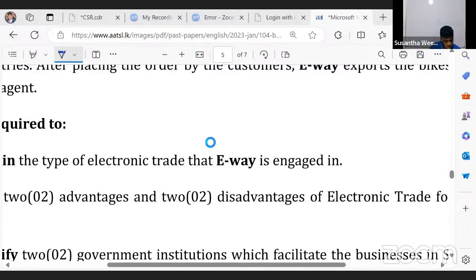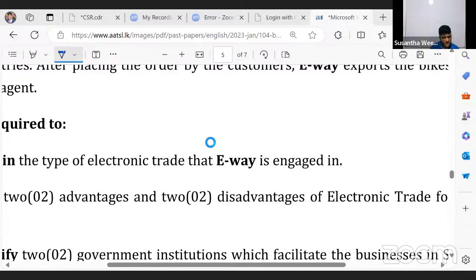We can identify different types of electronic trade or electronic commerce: B2B, B2C, C2B, C2C. This is actually business to consumer. Why? Customers directly place orders with the business, the manufacturer.